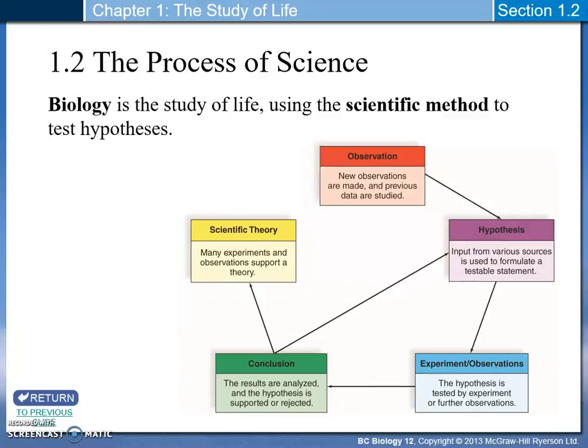So basically, the process begins with observations, and these lead to hypotheses, which then are either tested through experiments and further observation, and from there conclusions can be made, or perhaps conclusions can be made directly from a hypothesis. And these conclusions that are generated from experiments and observations, they lead to the development of scientific theories.